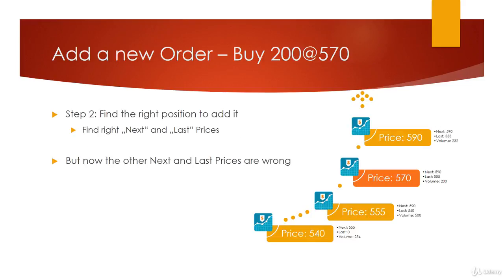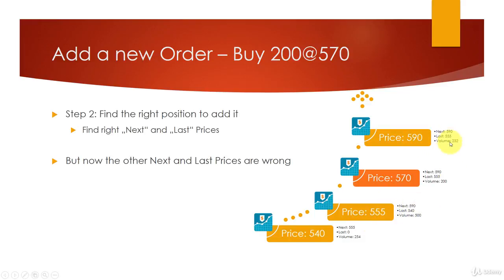First, we have to find the right position to add that entry. In this case, for a price of 570, this would be between 590 and 555. And here we add a volume of 200. But now our pointers are wrong, because the last one's next price is still pointing to 555, and the entry for 555 has its next one pointing to 590.